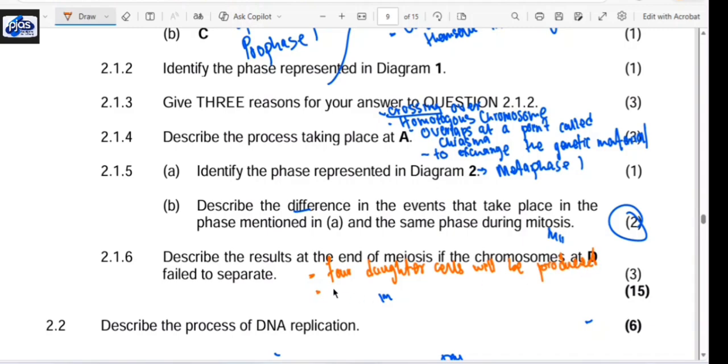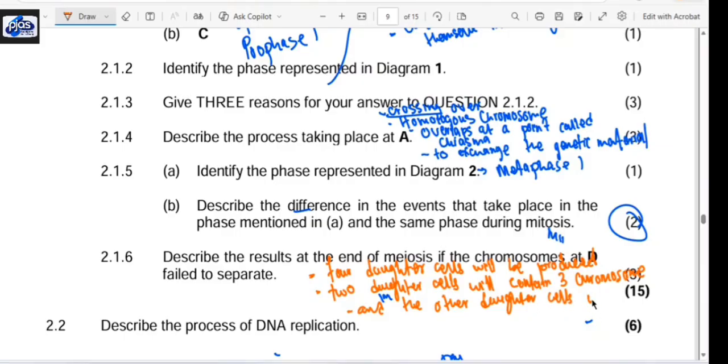And that is whereby you say 2 daughter cells will contain 3 chromosomes, and the other daughter cells will contain 5 chromosomes. You see, so this is what you were supposed to check.